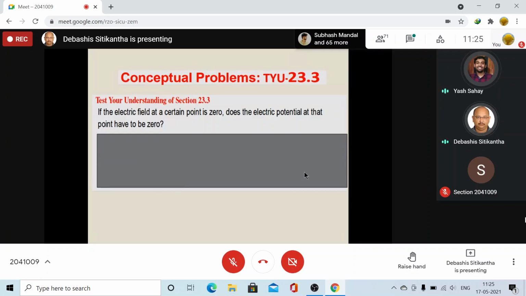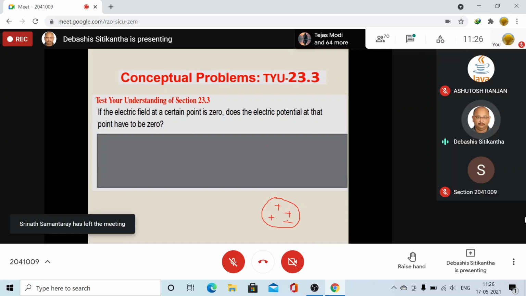Actually, you mean a hollow conductor. Okay, let me explain why. You are correct, but you have used solid conductor, that is wrong. Now let us see. I am having a solid conductor over here, so the charges are equally distributed throughout the entire volume.